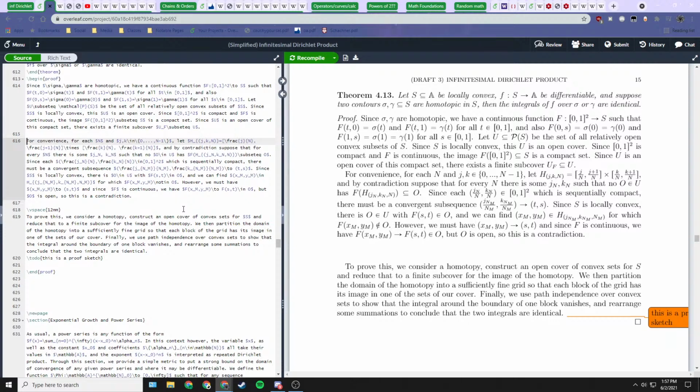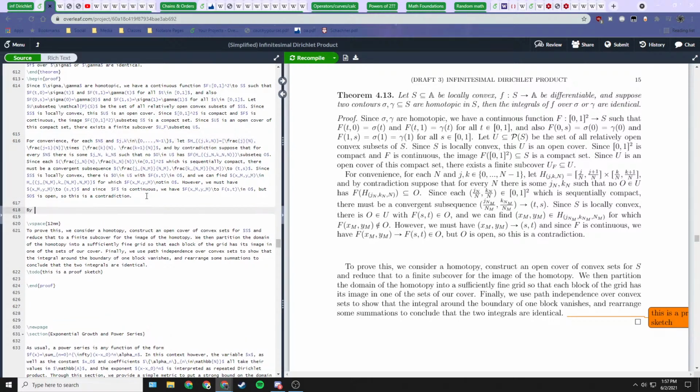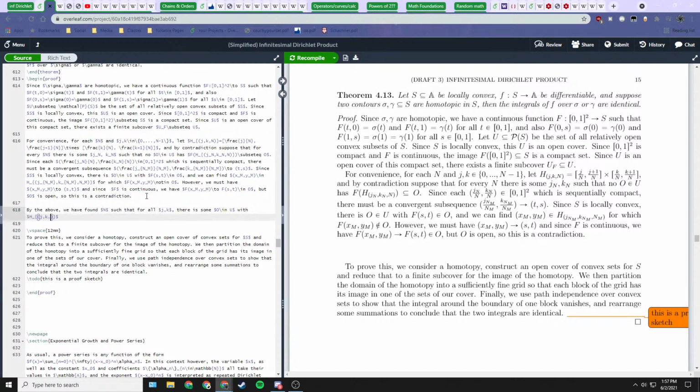Okay, so by the above, we have found n such that for all j,k, there is some O in U with H_jkn a subset of O. And actually we'll call this O_jk. Okay, nice.